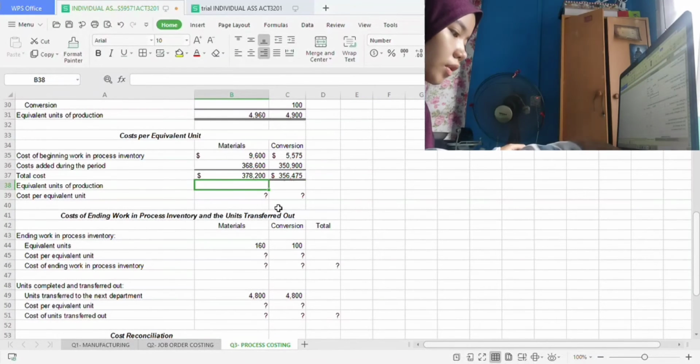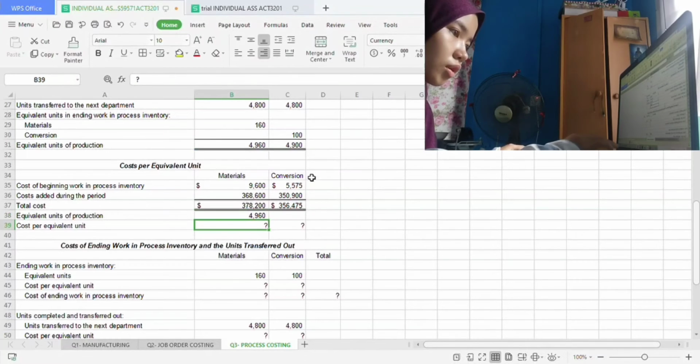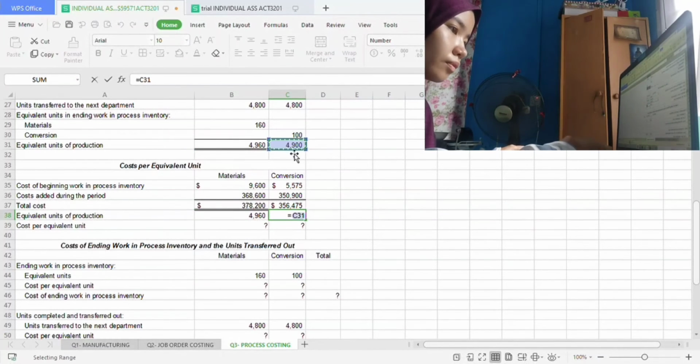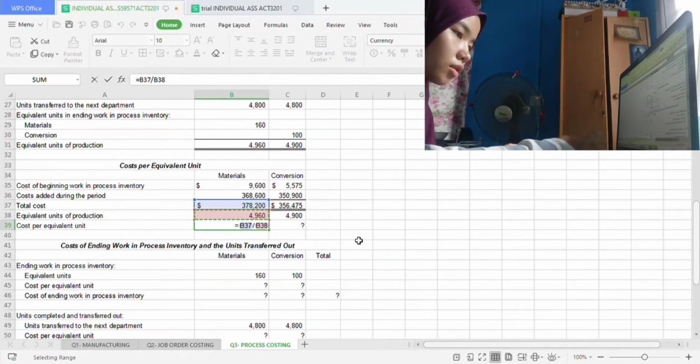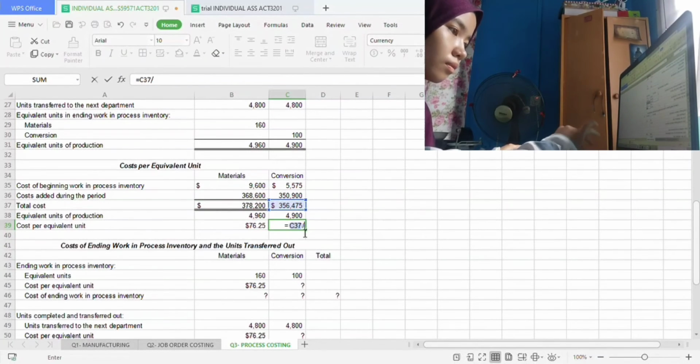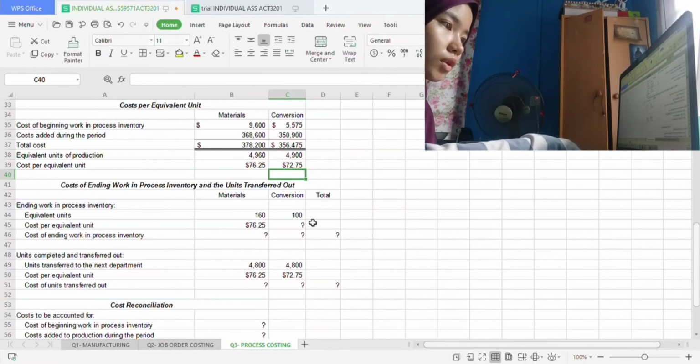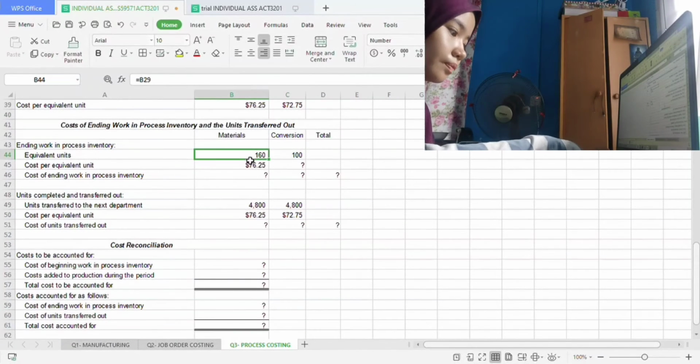The equivalent units of production we got from here. To get cost per equivalent unit, we divide total cost by equivalent units of production. So we divide, and we got the cost per equivalent unit.